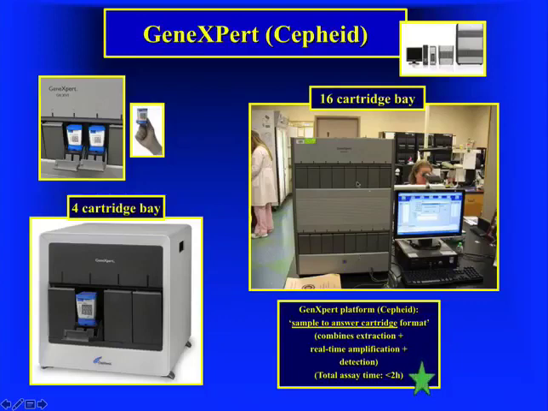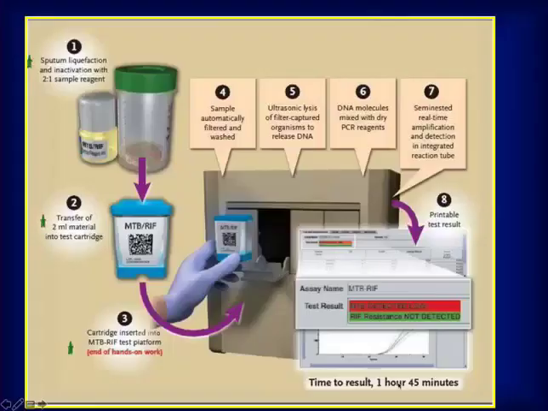The Cepheid cartridges, you've probably seen these come. These are the cartridges for a small lab in a 4 cartridge bay. The middle size are 16 cartridge bay, and then in our lab we have the 48 cartridge bay, the Infinity. So basically, sample to answer cartridge format, extracts, real-time amplifies, and detects in less than 2 hours.